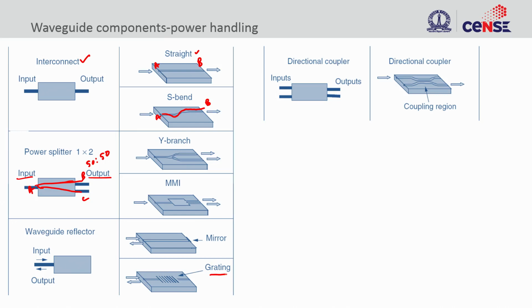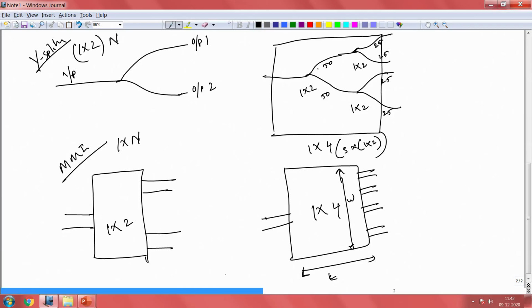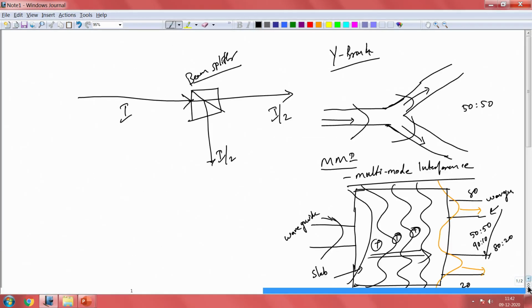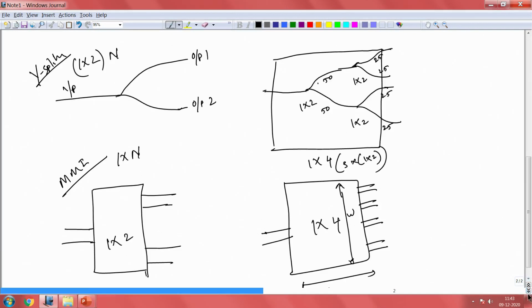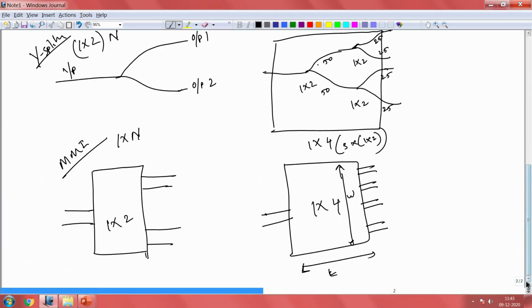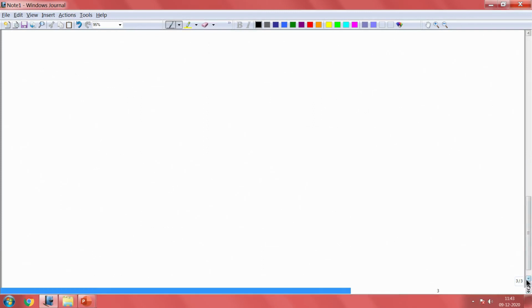Some of you might have learned about gratings in the Introduction to Photonics course, right. So, we will also understand these gratings in this course, but just to give you an idea, it uses multiple layers of, or let us say alternating layers or sections of refractive index.